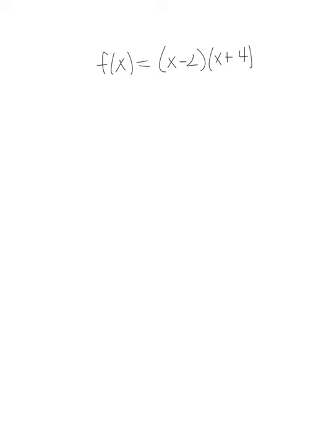Keep in mind this is a very basic example, and so it was easy for us to take a look at this equation in factored form, plot those roots, see where the middle of that would be, and we were able to easily calculate our vertex from that. But if it wasn't so easy, or if you didn't want to do it like that, we could expand this out, so x squared plus 2x minus 8.